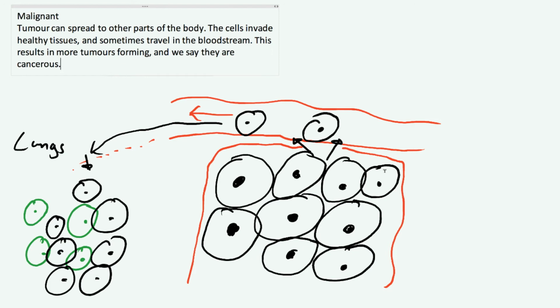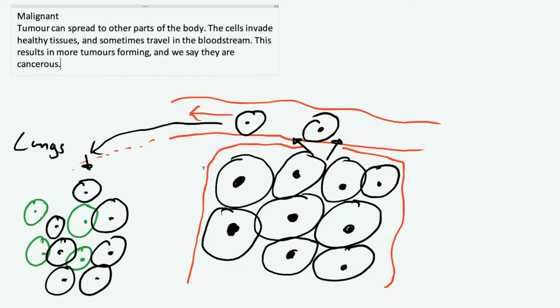But let's say you have malignant tumours which are spreading all over your body. They're invading different areas of cells and growing, and they're basically taking away nutrients from cells that need them. So let's say in the lungs here, all these lung cells might be helping to allow oxygen to get into the blood, and they need to grow and divide in order to maintain their shape.